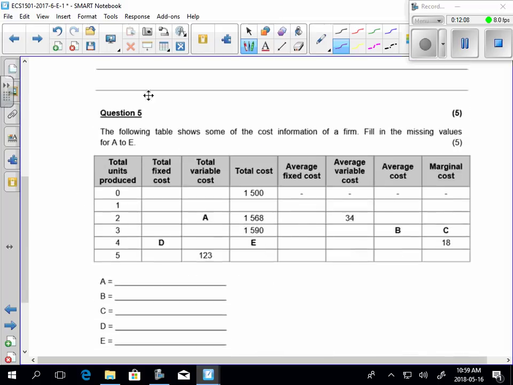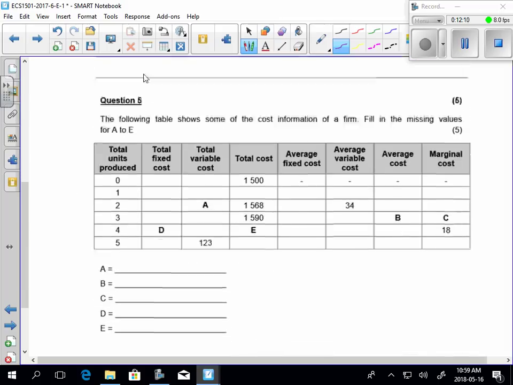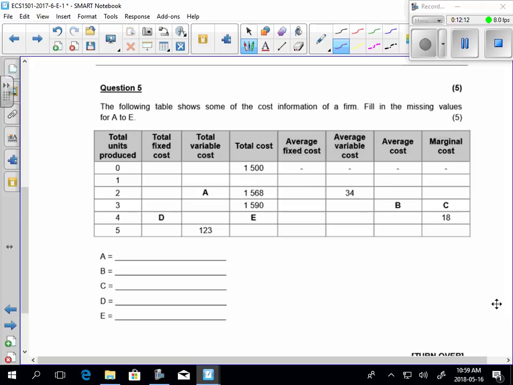Question 5, table. Obviously, you're going to have to complete the table and then answer those missing values. So if your total cost is 1,500 for 0 units of production, now variable cost only starts from the first unit of production, meaning that if your total cost is 1,500 for 0 units, variable cost is 0, therefore your fixed cost is 1,500.